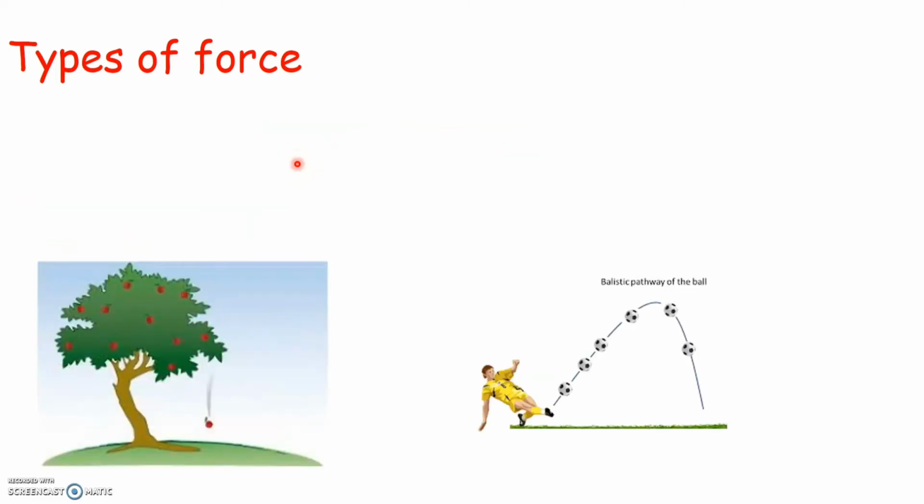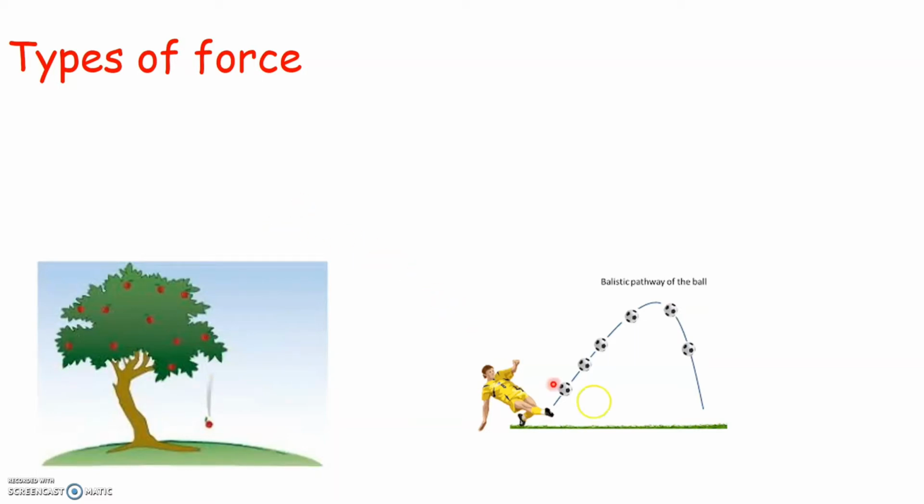Now, have you ever seen apples falling down as it ripens? Or any other fruit? When it falls from the tree, we have noticed that it falls down instead of going up, isn't it? Have you ever thought why is it so?